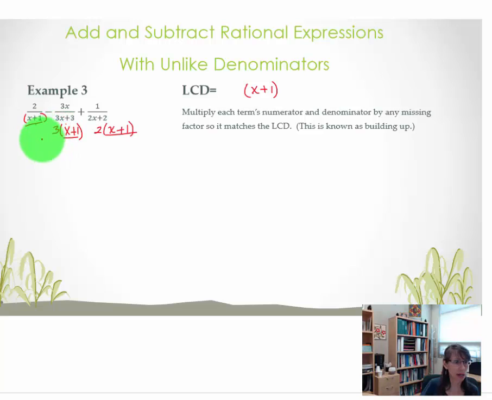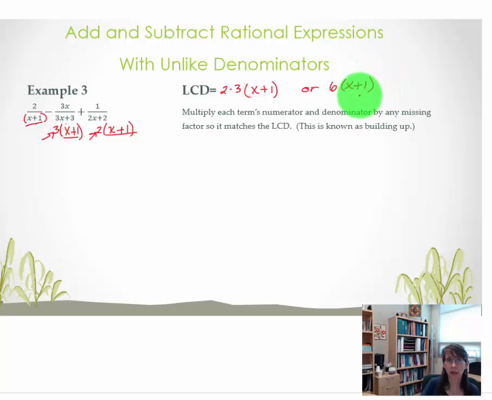So the other factors that are unique would be factor of 3 and factor of 2. So I include 2 times 3 times the quantity. If you want to call 2 times 3 6 times quantity x plus 1, that's perfectly fine.